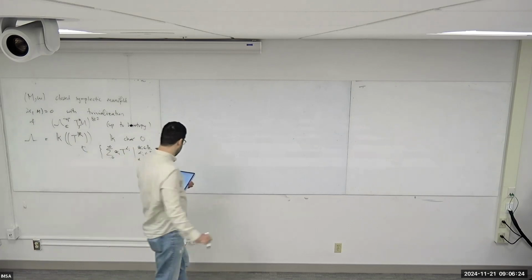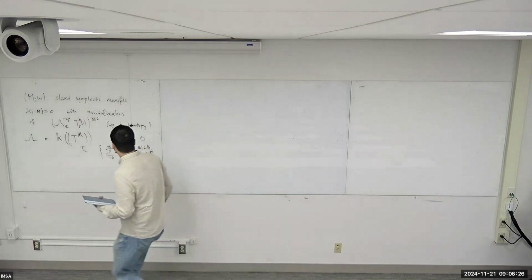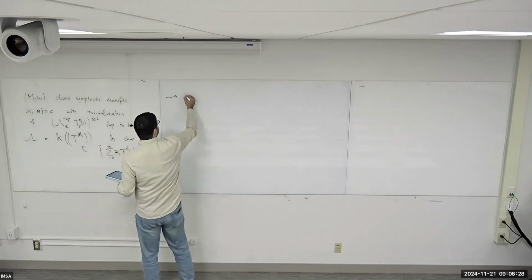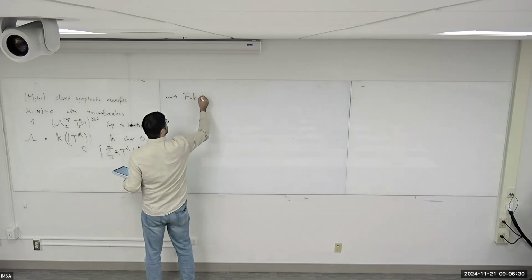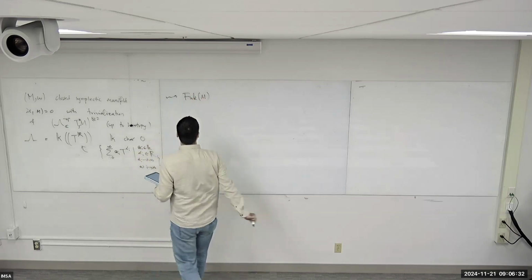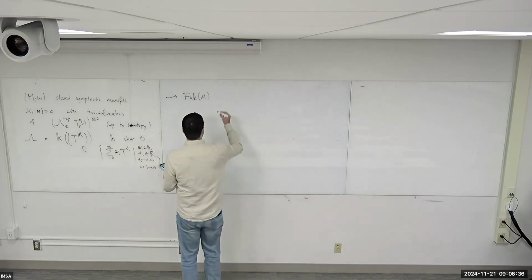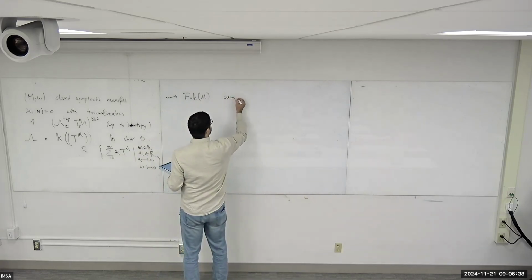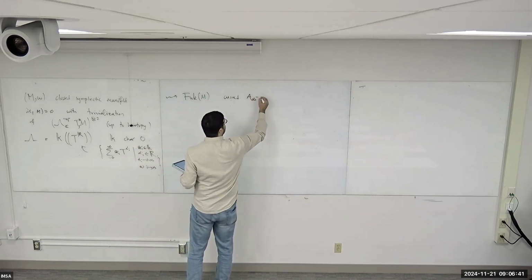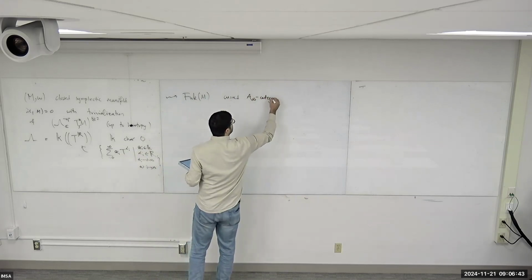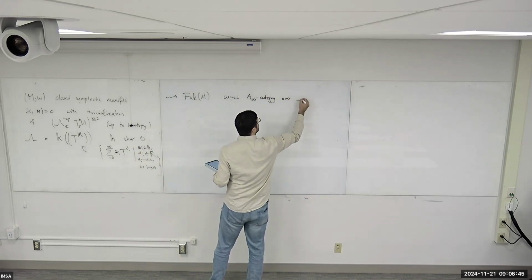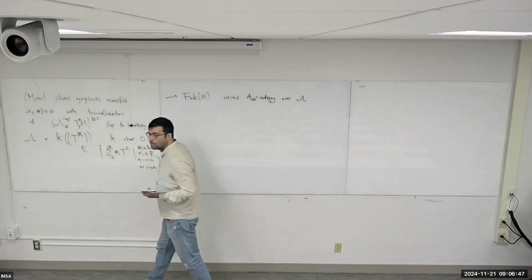Okay. So now I can at least say what we're supposed to have. This Fukaya category of M is supposed to be a curved A infinity category over this Novikov field.